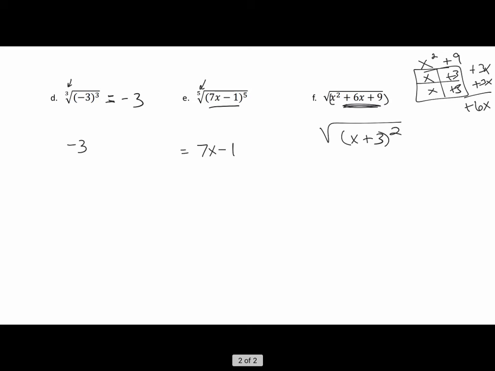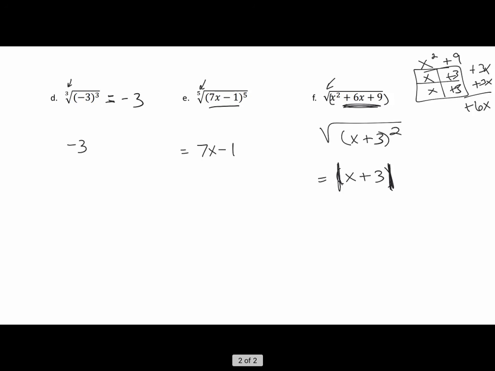So now I've written it as the nth root of a to the n. I can cancel out the squaring and the square root. So that leaves what's inside, x plus 3, but it is a square root, right? Even root. So this needs to be the absolute value, because I don't know if x is going to be a positive or negative number.